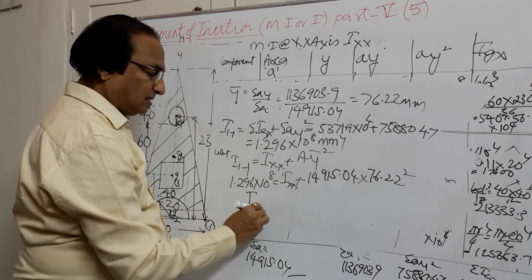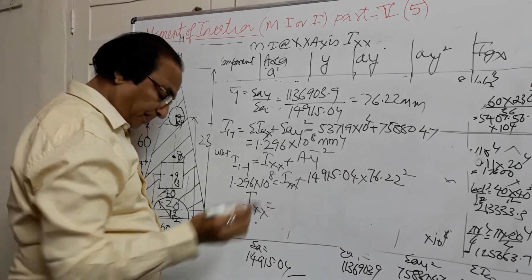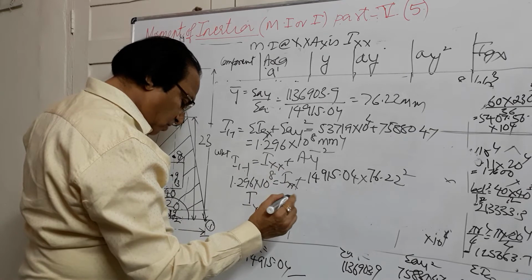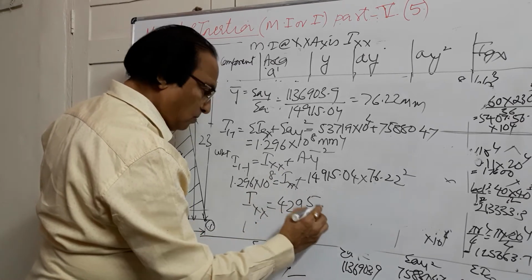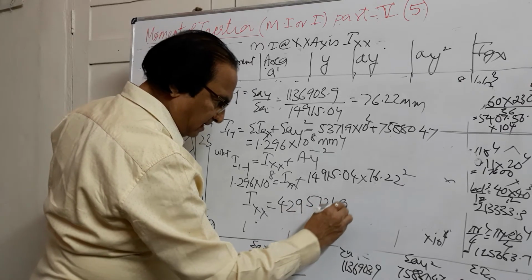So Ixx will be equal to 4295.1248 mm raised to 4.